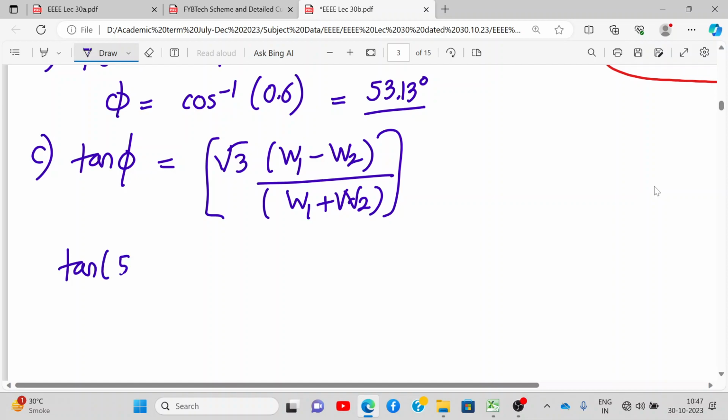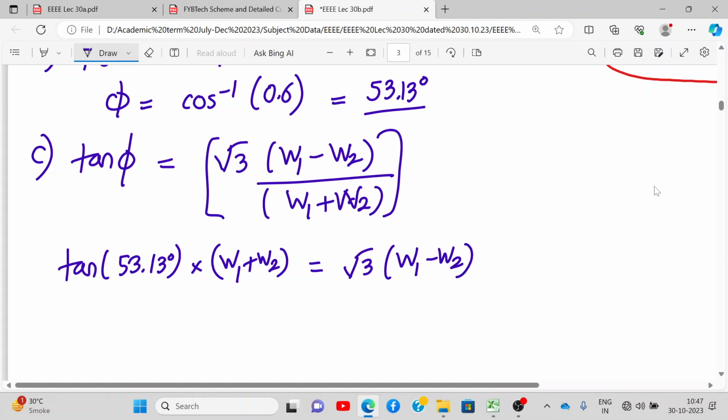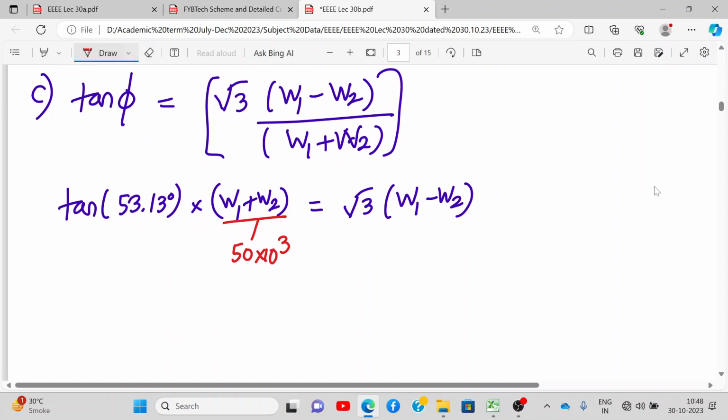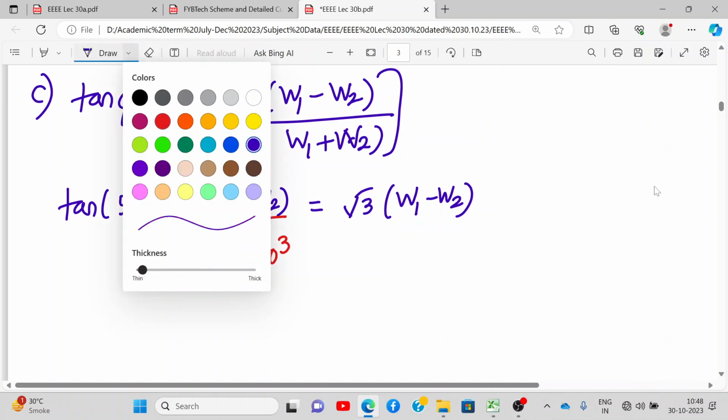Tan of 53.13 multiplied by W1 plus W2, we cross multiply, is equal to root 3 times W1 minus W2. Do we know the value of W1 plus W2? Yes. How much is that? Yes or no?